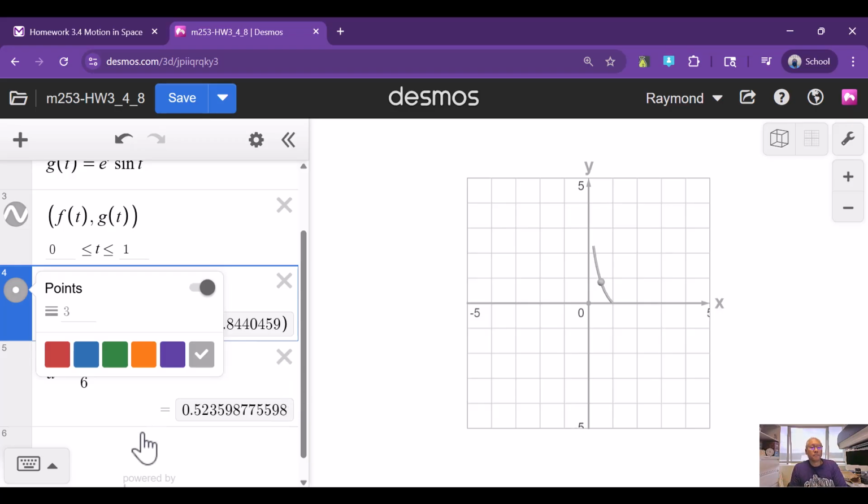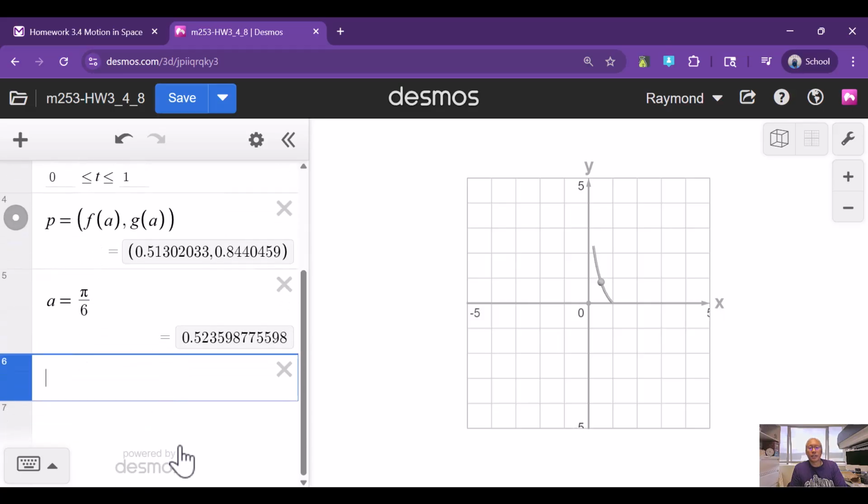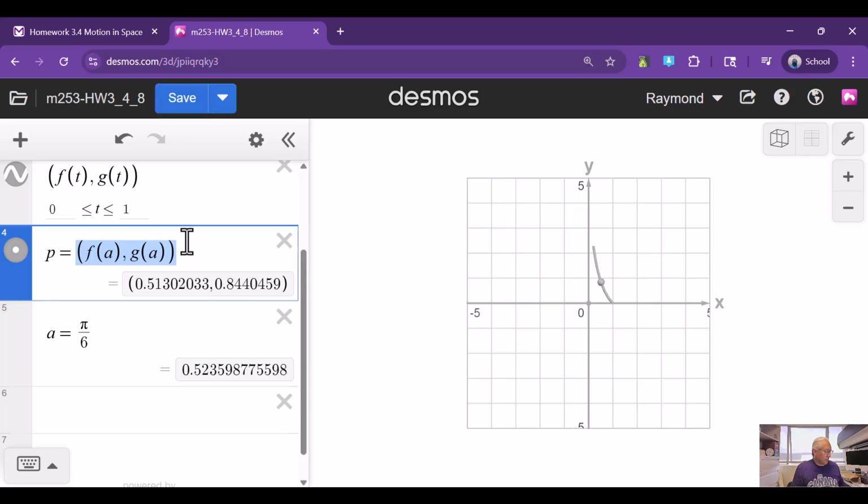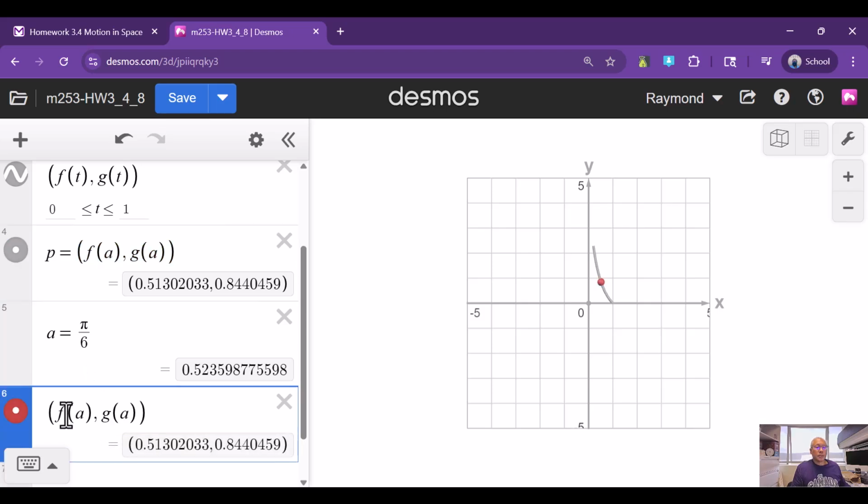All right, the next step is to find our derivative, and our derivative is literally just the prime of this thing, and we do want to evaluate it at pi over 6. So I'm going to copy and paste this, so I'll have f prime of a and g prime of a, and now I get a point.